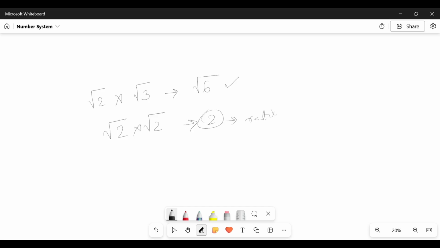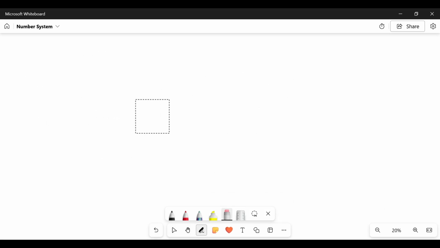This would be a rational number. So the opposite of what we discussed in the previous section is not always true. A rational number multiplied by an irrational number would obviously give you an irrational number, but an irrational number when multiplied with an irrational number doesn't always ensure that the product is irrational. It may or may not be rational.